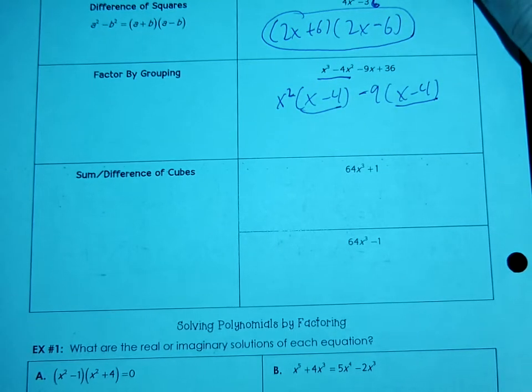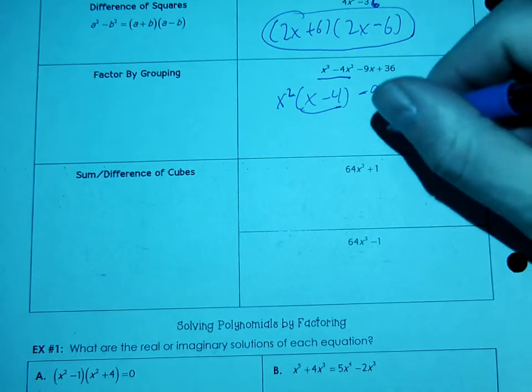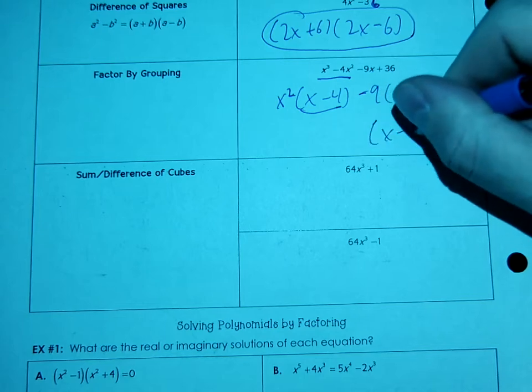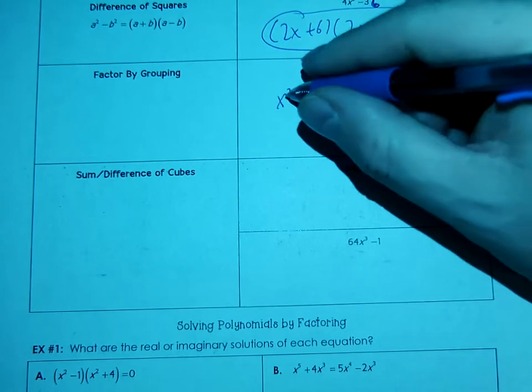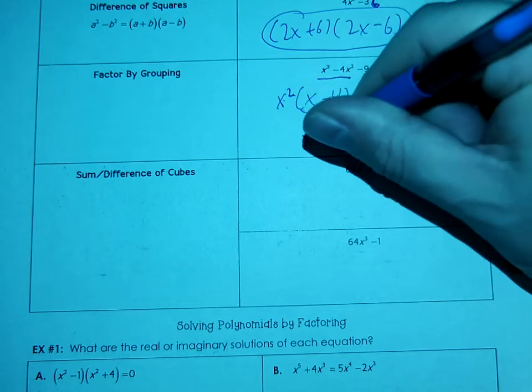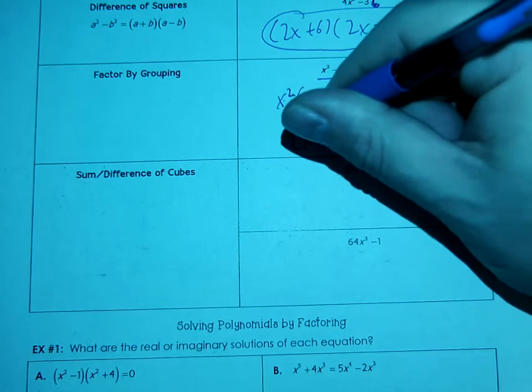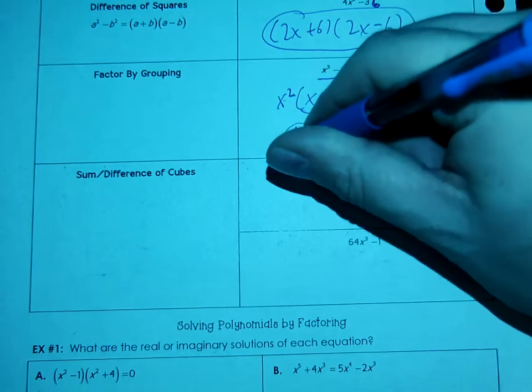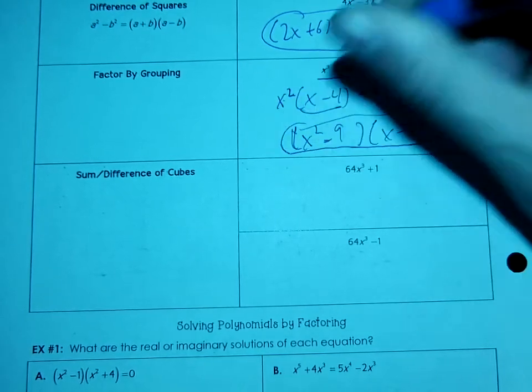That tells you that you factored appropriately. They both are x minus 4 there. And my other factor is these two, x squared minus 9. Now that's actually a difference of squares, so I could go further here and put this as x plus 3 times x minus 3, but I ran out of space. So I'm going to leave it there.